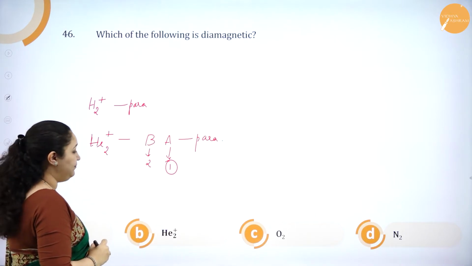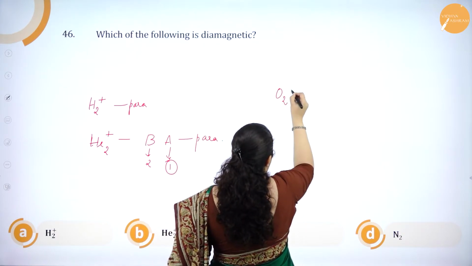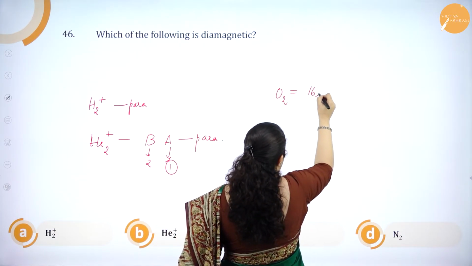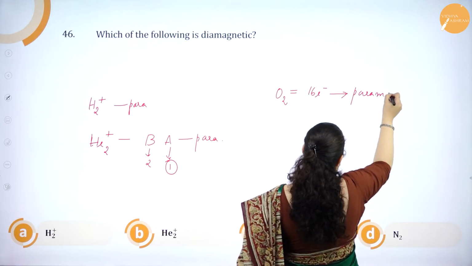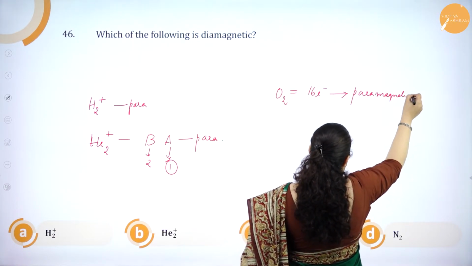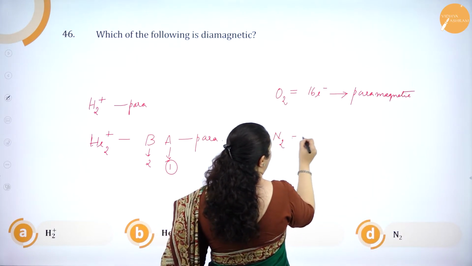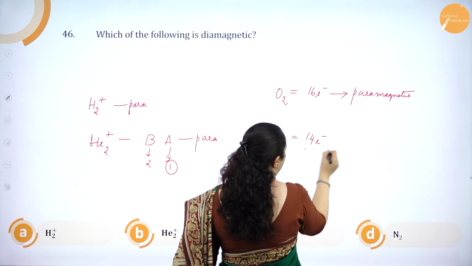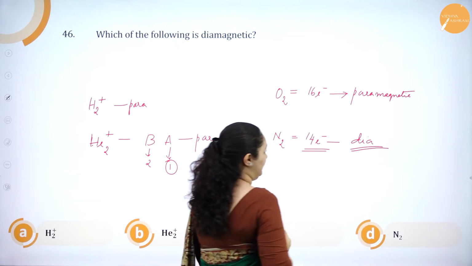paramagnetic. Okay. Now oxygen, if I consider O2, that is 16 electrons it has got and it is paramagnetic. Last one is nitrogen. Nitrogen has got 14 electrons and only this one is diamagnetic.